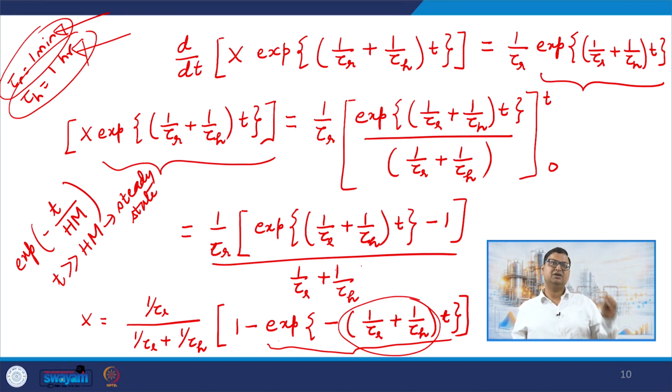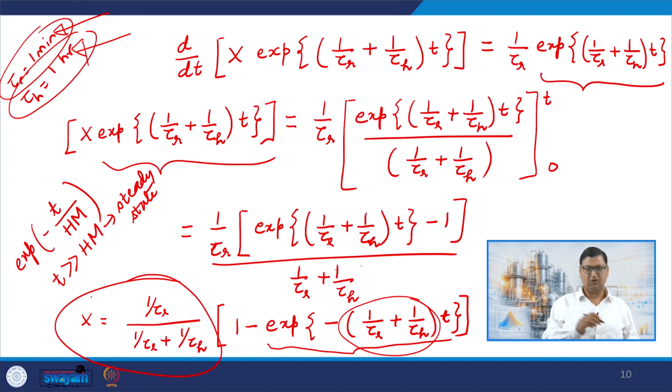So, together both of them will dictate the behavior. Whichever is the slower process essentially will tend to dictate the behavior, but once we reach steady state, the conversion is given by only this, because the time dependence is going to go away in that case, right.